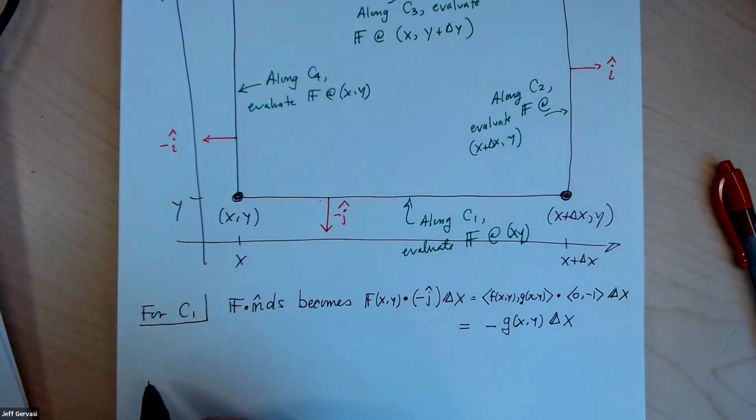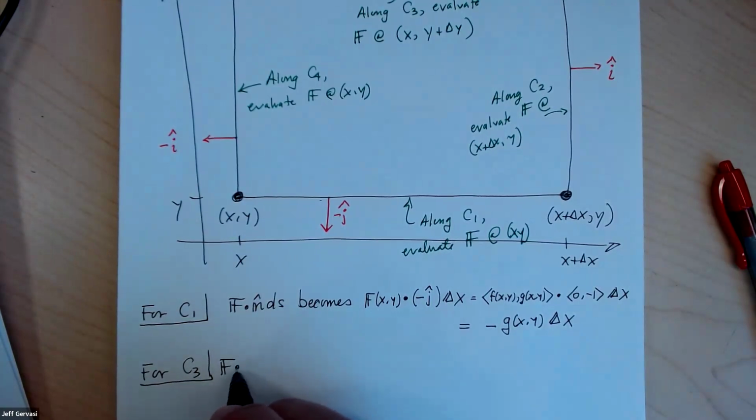Okay, so far so good. Now I'm going to go along C3. I'm going to go out of order. F dotted with n ds becomes.